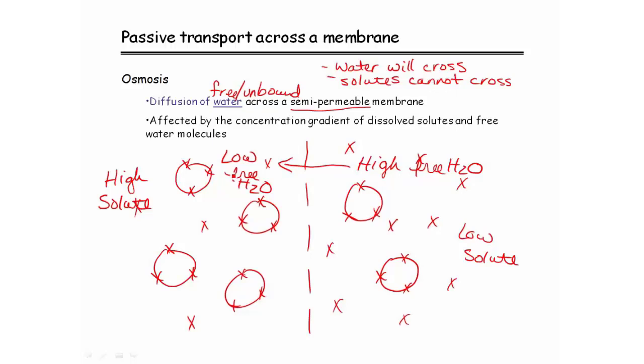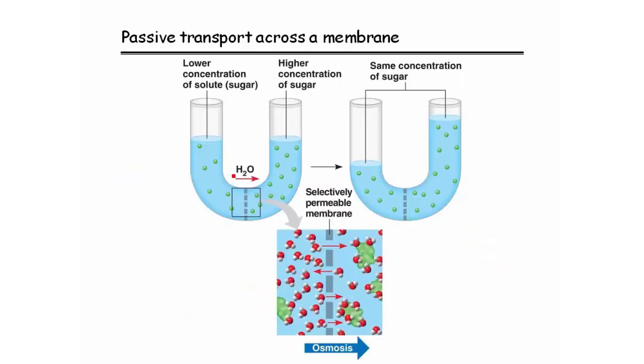If we look at this picture here, this is just an image from your textbook that shows this principle of osmosis. In the middle we have a semi-permeable membrane. We've got a close-up shot of it down here. This semi-permeable membrane is not going to allow these green molecules to get across, and these are sugar molecules. So they're stuck on whatever side they happen to be. Notice that on the outside surface of these sugar molecules, we have water molecules bound.